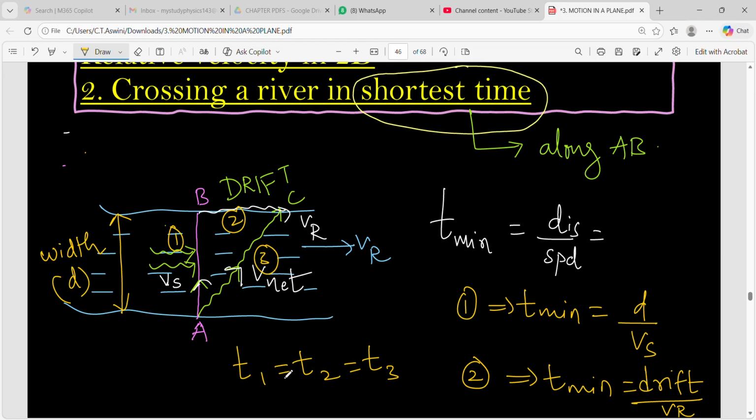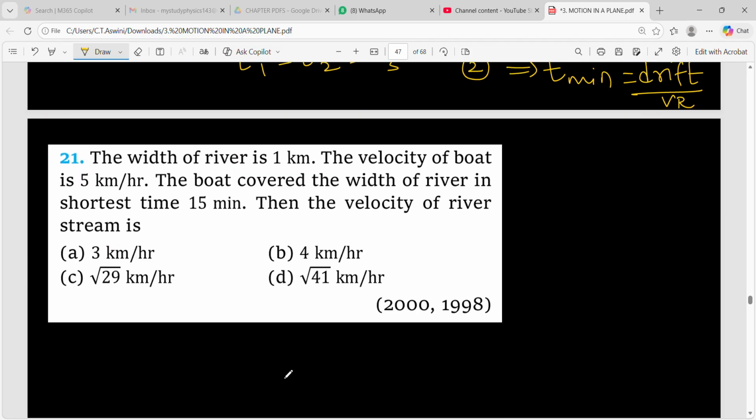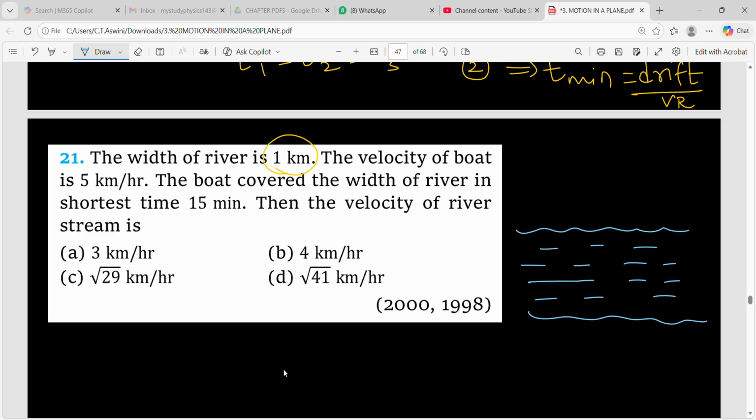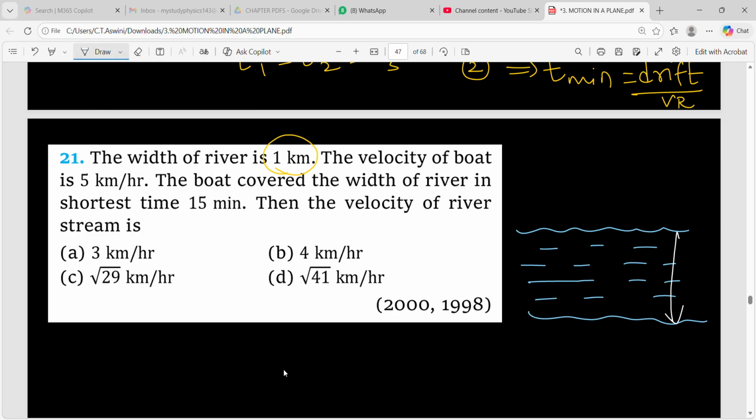Okay, so let's make it more clear by doing some problems. This question was asked in 2019. Width of the river is 1 kilometer. So what is the width of the river?